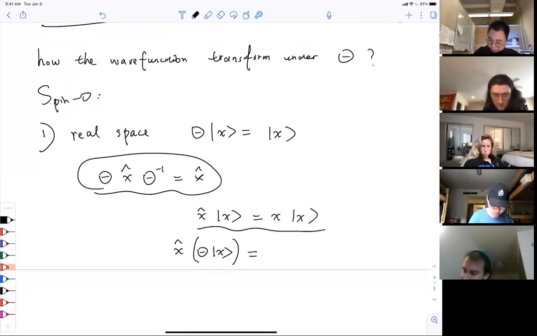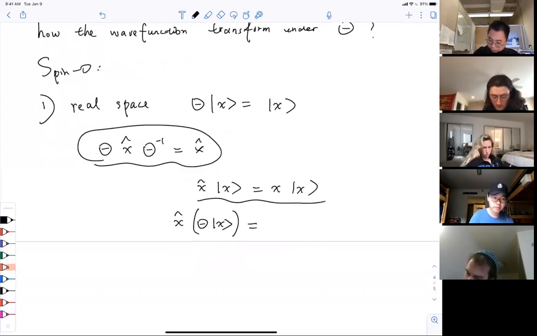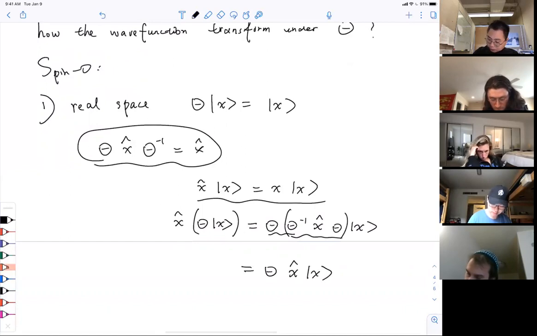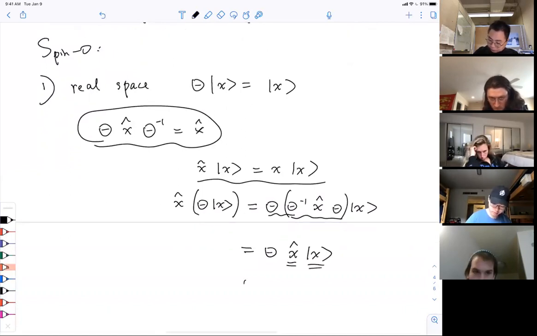We can do a very common trick in quantum mechanics: insert 1. Then this is just x, and x acting on this state by definition is x, just a number.